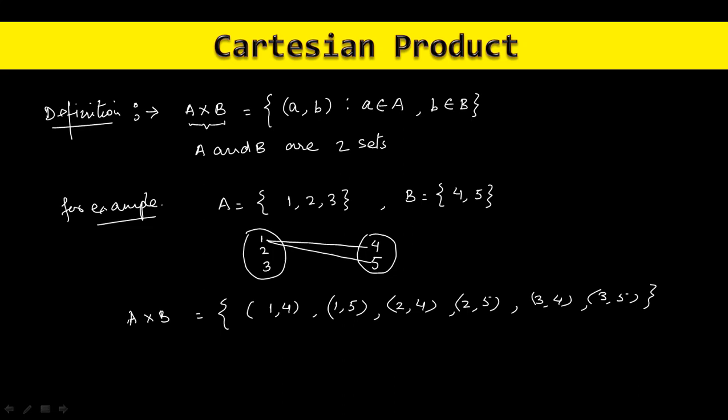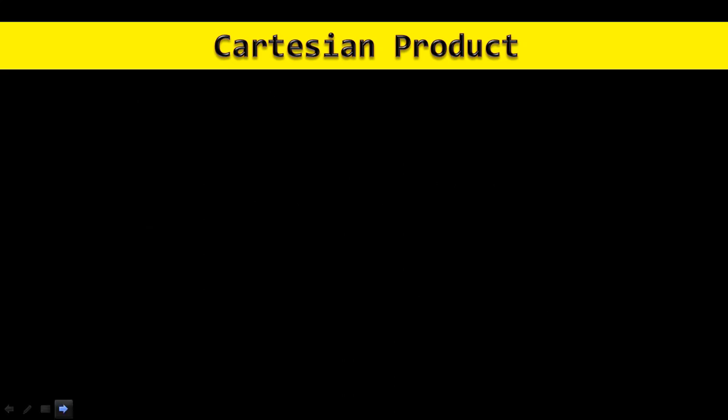Now, we can take another example also. If I am writing set A only, 1, 2, 3, this one is set A. Suppose I have to write A cross A. Then how to write these values?